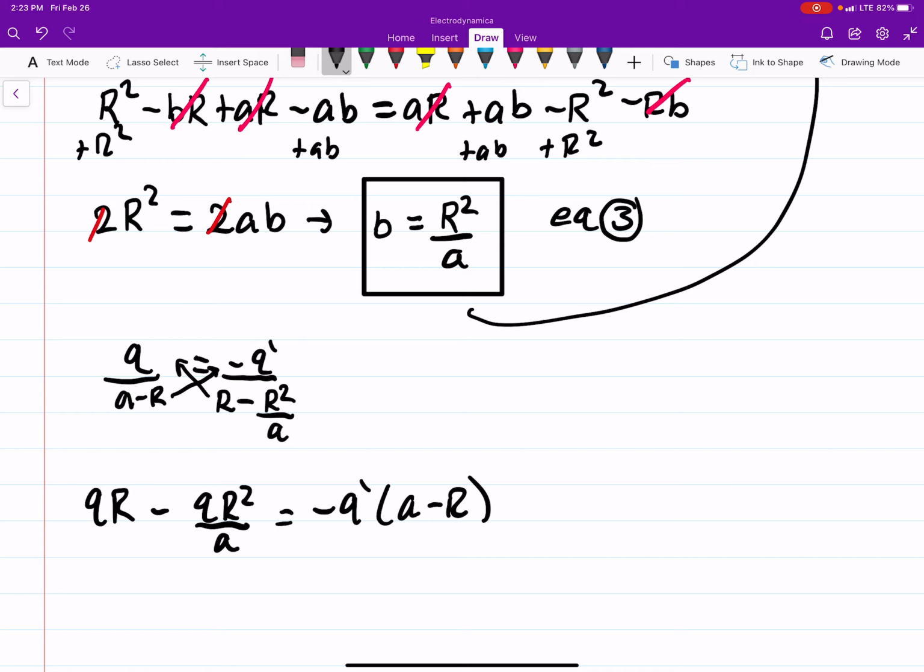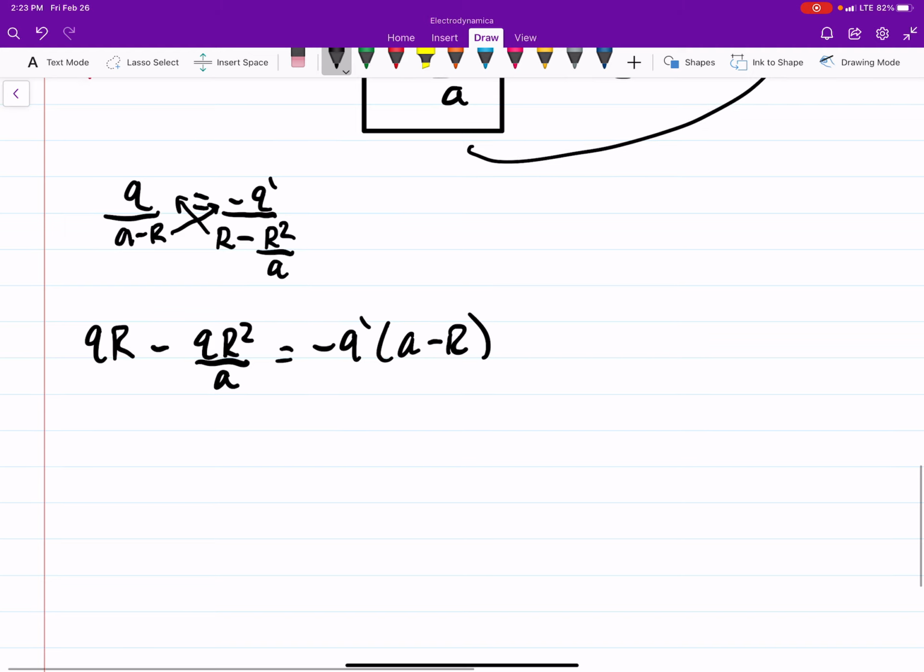I think we're all good, just double checking everything, that I didn't make any mistakes over here. Everything looks good. Checking my notes. Good. Okay, so now that we have this, we can then say this is negative QR, R minus A over A. Another way to think about this is if you just got common denominators and factored out a Q. Actually, if you factored it out, let me do it here.